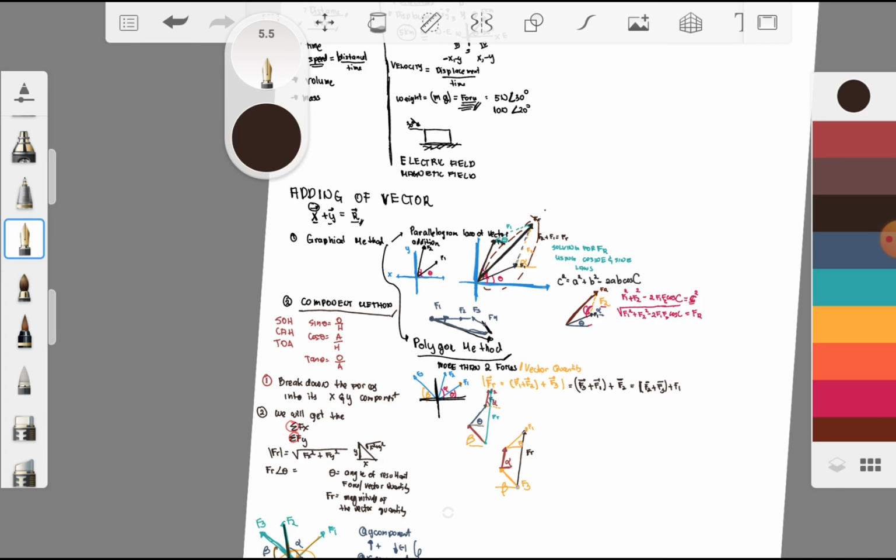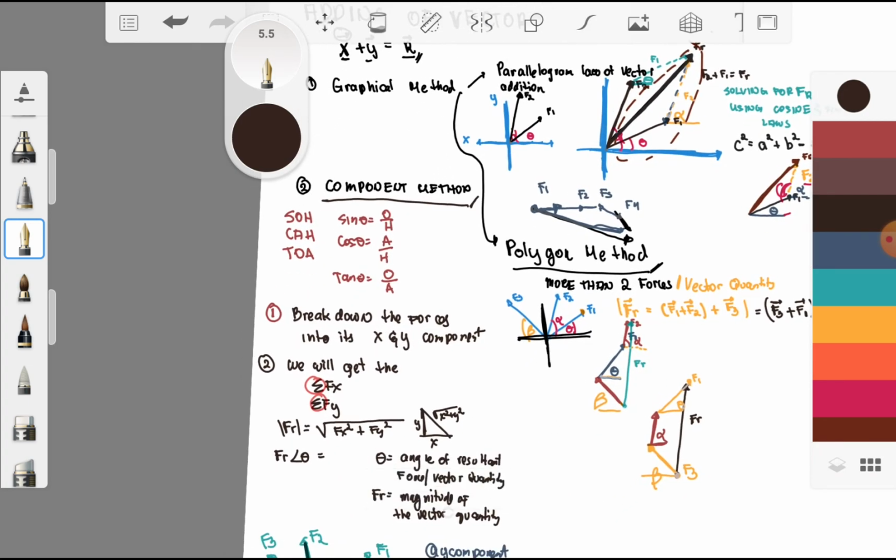The arrows should be in a sequence such that each arrow touches the tail of the other forces, and be mindful of the angles you use to solve for the resultant force. The component method is just the application of SOHCAHTOA: you break down each force into its x and y components, add your x components separately, add your y components separately, and get the value of your FR by applying the Pythagorean method.